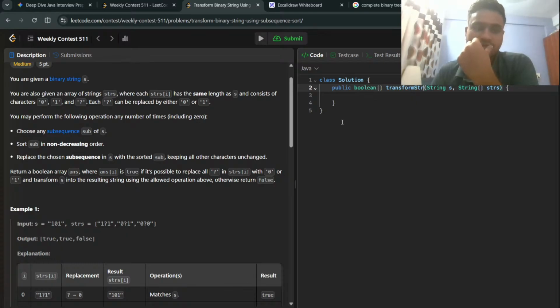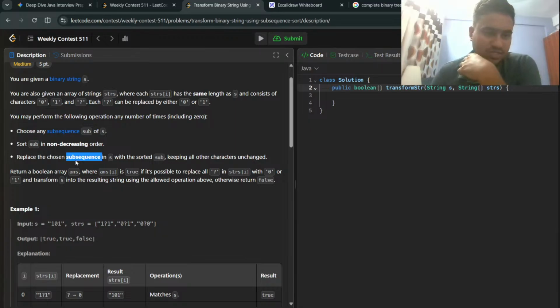Replace the chosen subsequence in S with the sorted sub, keeping all other characters unchanged. What is it saying?